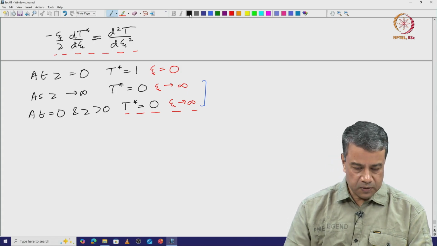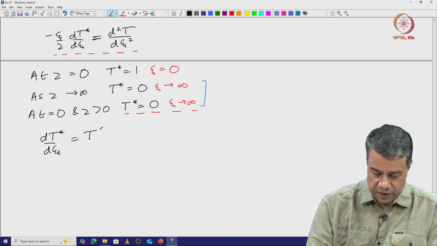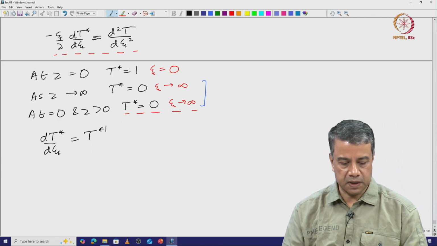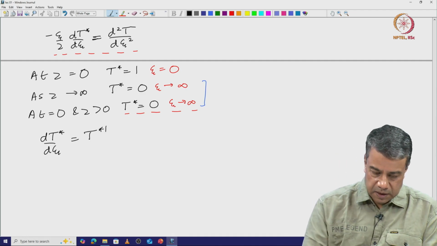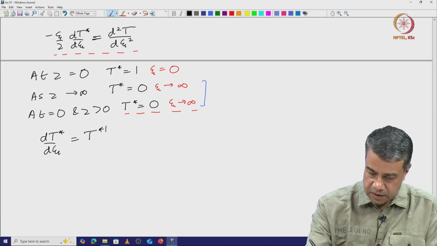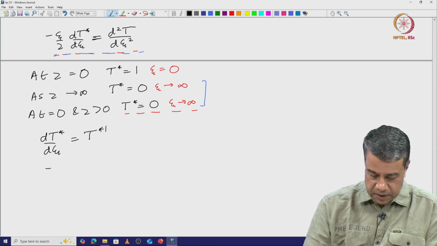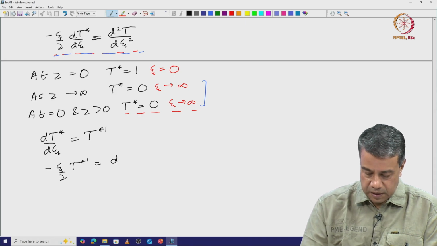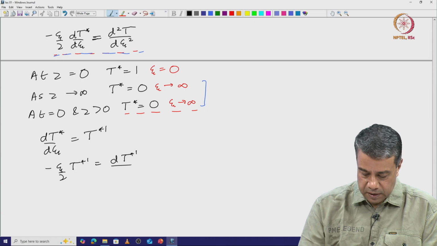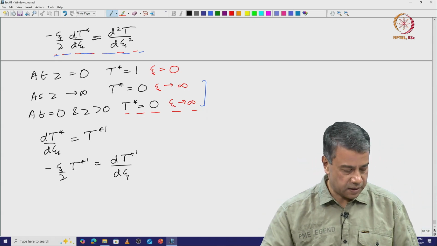The simplest way to do that is to write the derivative dT star by d psi as a new variable T star prime. Then this equation now becomes minus psi by 2 T star prime is equal to d T star prime by d psi.